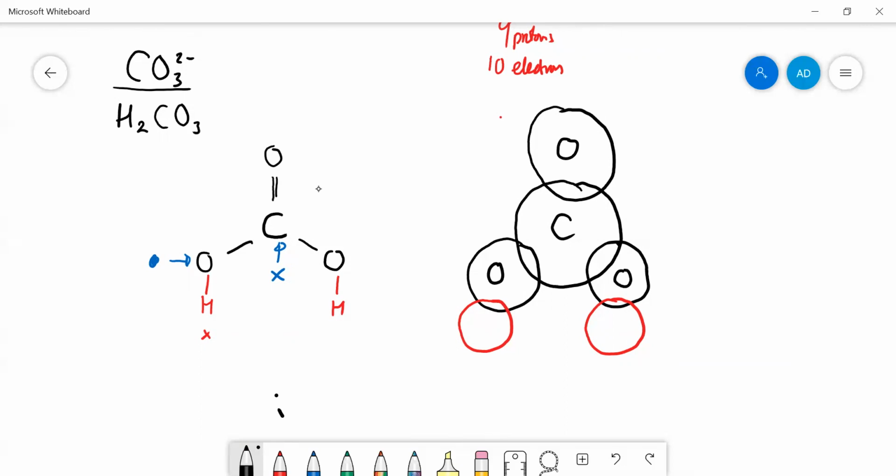Carbon, right here we're going to have a blue dot and a red cross from the hydrogen. In the overlap here, we want a blue single bond, so just a pair of electrons. We have to be careful with this one because this is a double bond, so we want dot cross and dot cross.